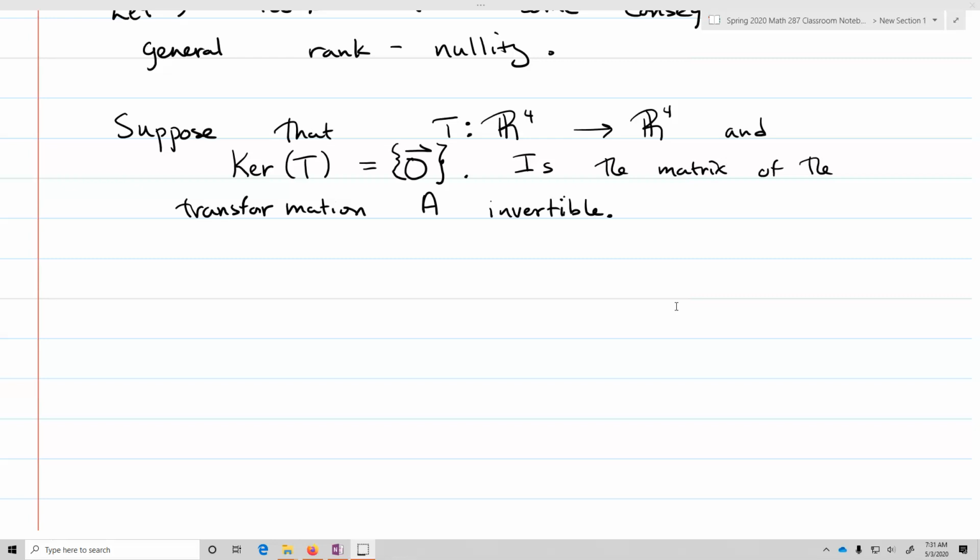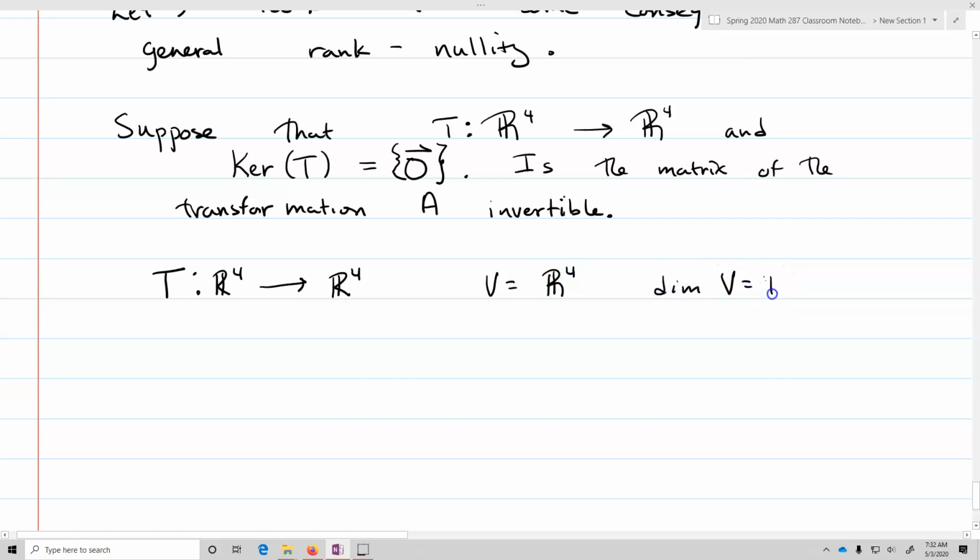Okay, so one thing that I want to notice is that T is a transformation that goes from R4 to R4. So V, in this case, our domain, is R4. And the dimension of V is equal, again, to 4.